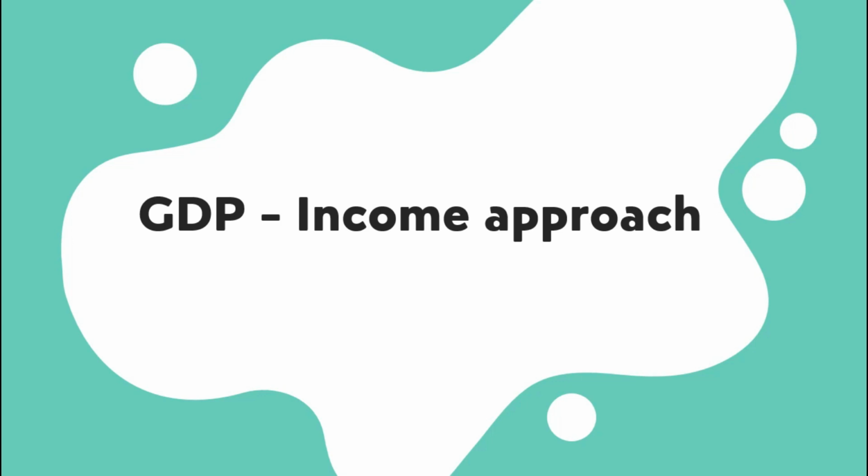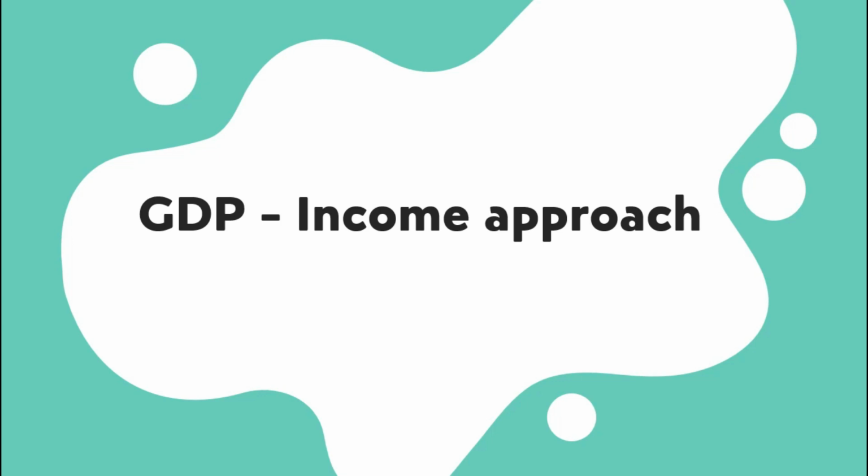The total sum of all these factor incomes is called GDP at factor cost. The following equation will be used to calculate the GDP using the income approach.